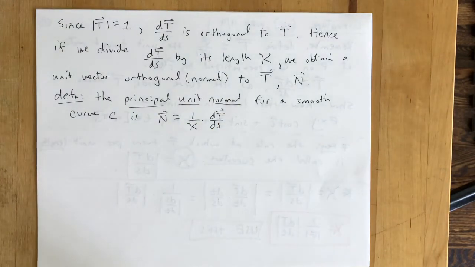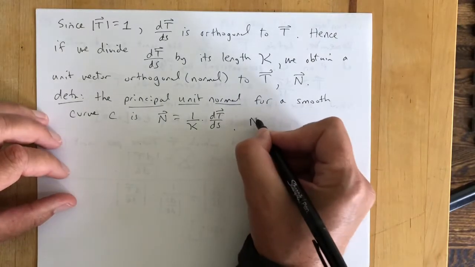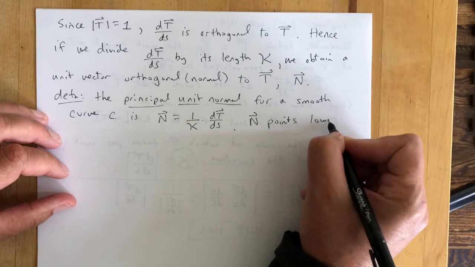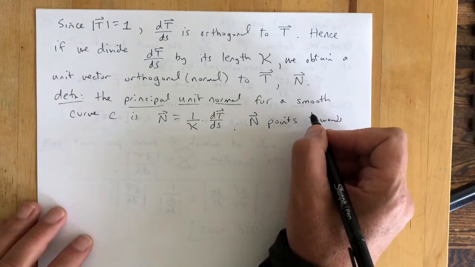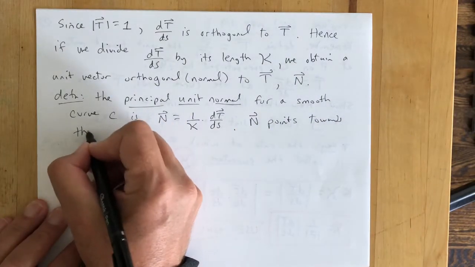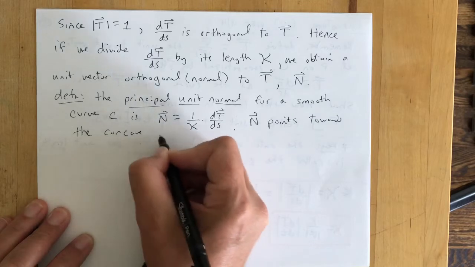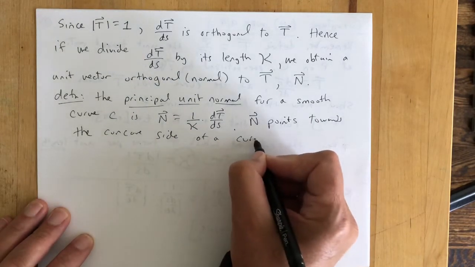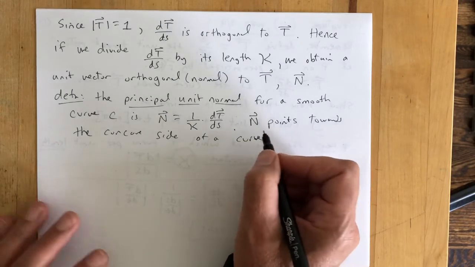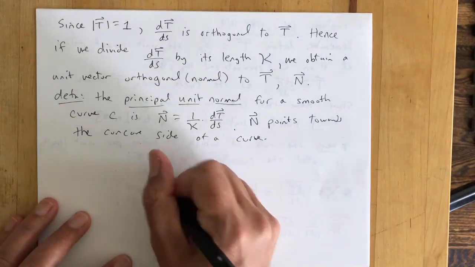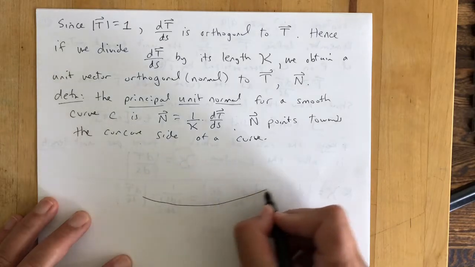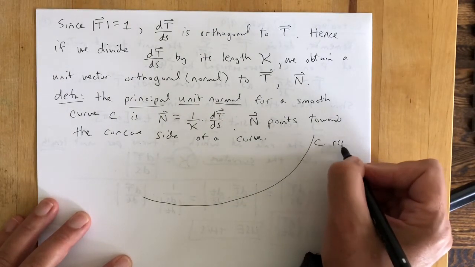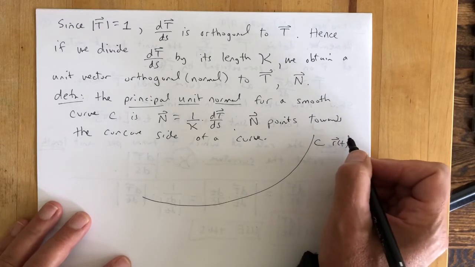Okay. And note that N points towards the concave side of a curve, if a curve actually has sides. So if I have some curve out here in space, this is curve C, it's parameterized by some position vector r.